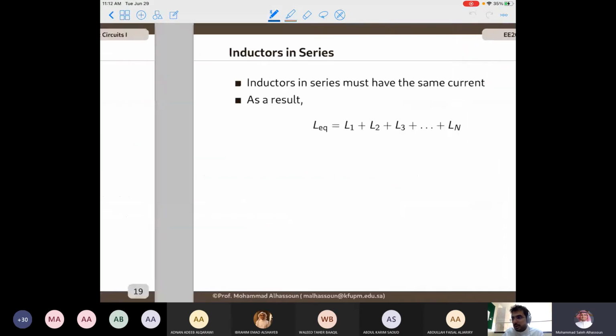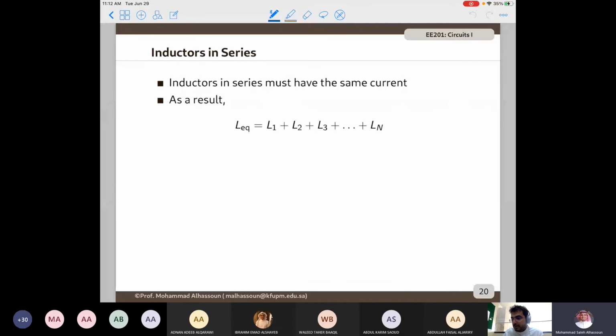So let's start with the case when we have inductors in series. Let's imagine you have the following: L1, L2, L3.